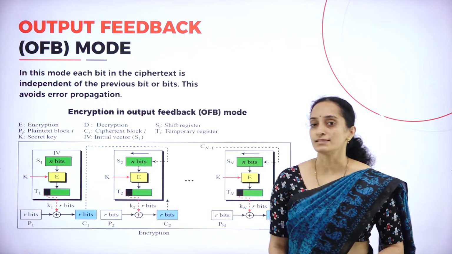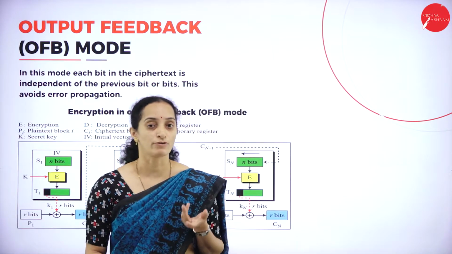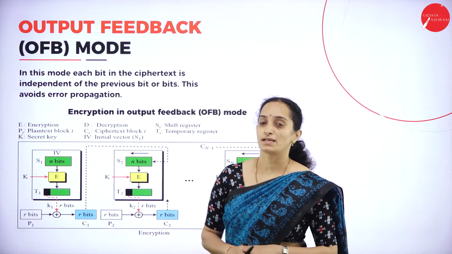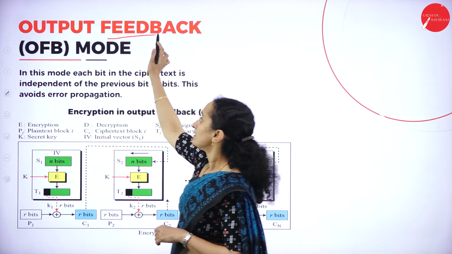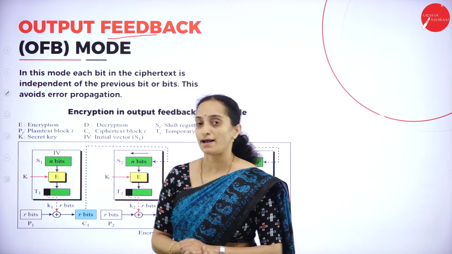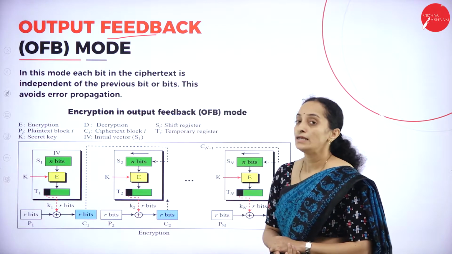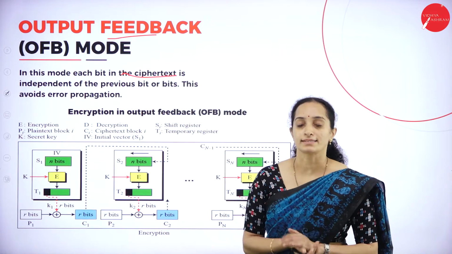The first thing is to know the next mode of operation, or next mode of encryption and decryption, in the block ciphers. The name it has been given is the output feedback mode. In output feedback mode, each bit in the ciphertext is independent of the previous bit.